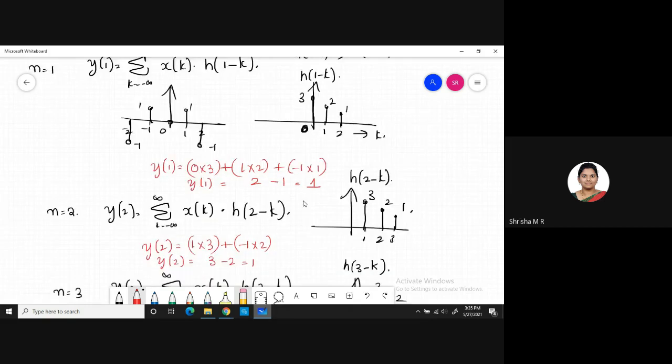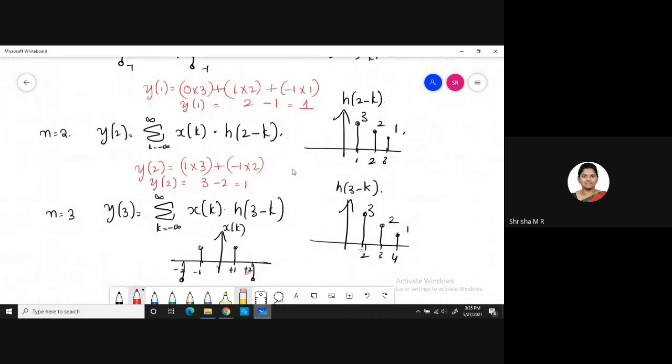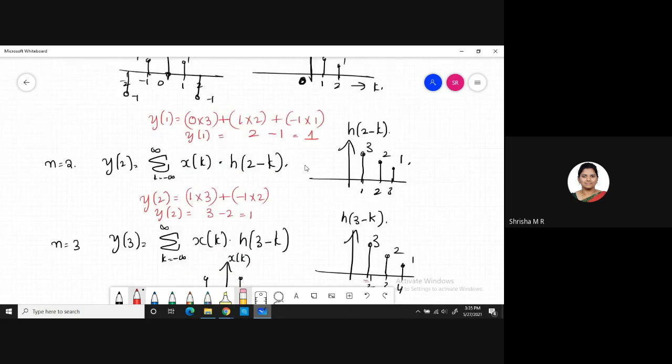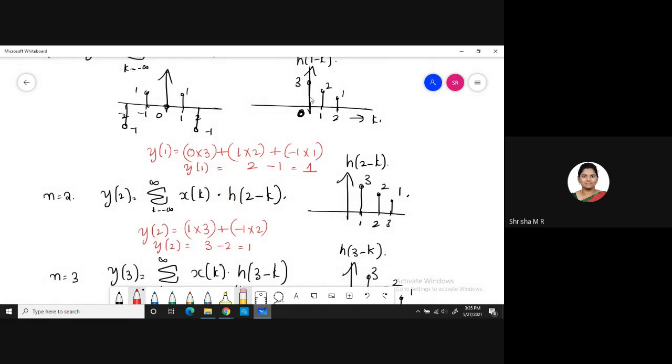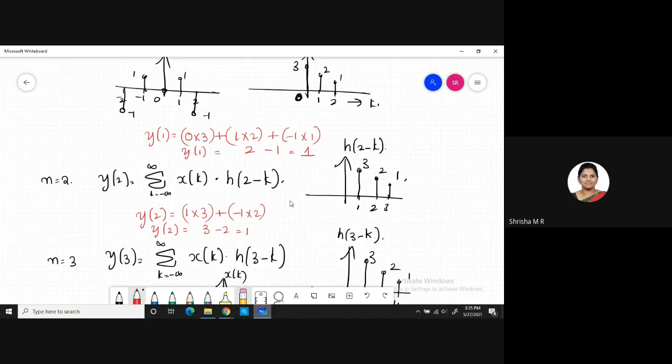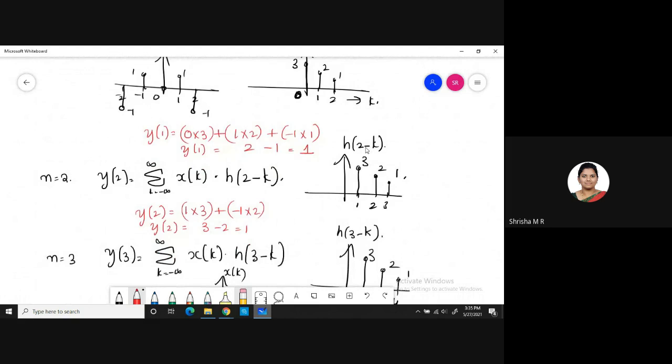So if n is equal to 2, similarly, y of 2 is summation k is equal to -infinity to infinity x of k into h of 2 minus k. H of 2 minus k is one step right shift of the whole sequence. Or you can also do h of k plus 2 and take time reversal of that. You can do either way.